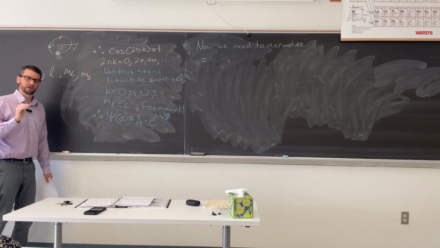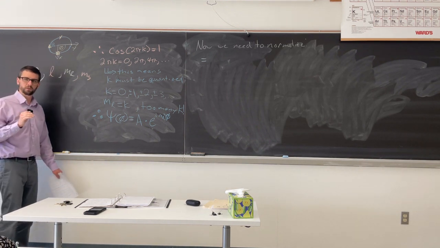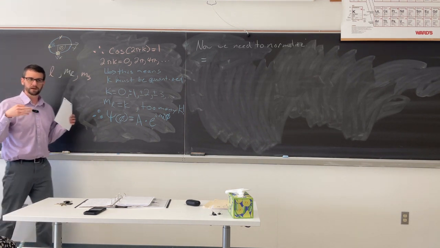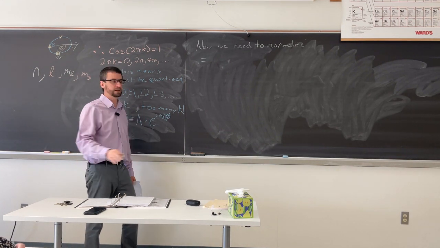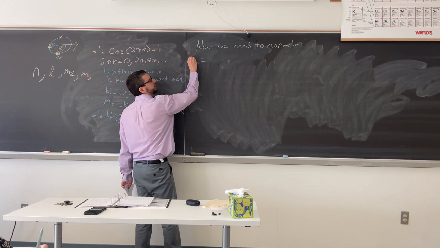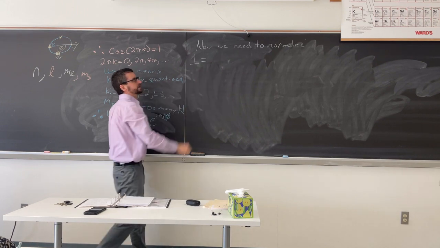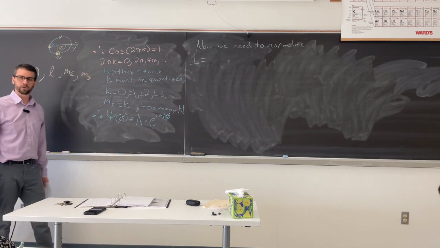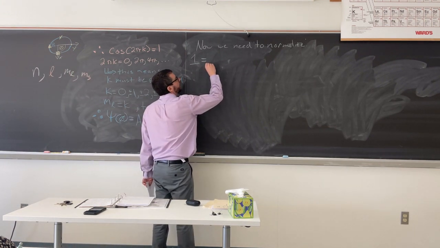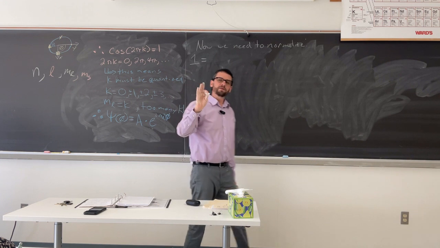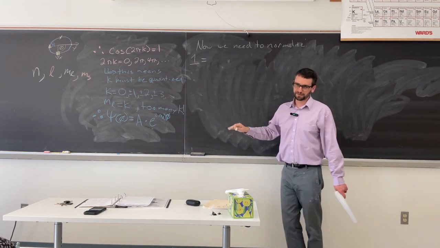General normalization equation. When we normalize a function, what's the value over all possibilities, or all valid ranges? What's the value we should get out? Yep. What does the generic equation look like for normalization? Yeah. We're going to go even more generic. We're not going to include the n squared yet.